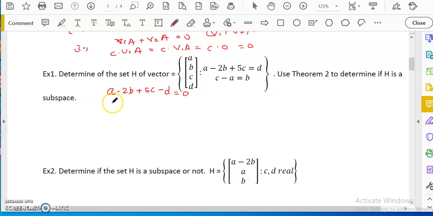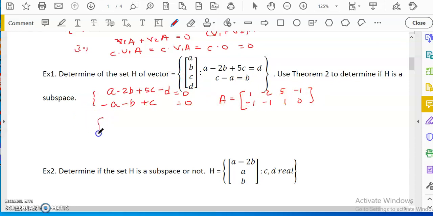And also 0A, negative A, 0D plus C, minus B, moving the B over, and there's no D, equal to 0. So this is a system of equations where A is the coefficient matrix: 1, negative 2, 5, negative 1; negative 1, negative 1, 1, 0.